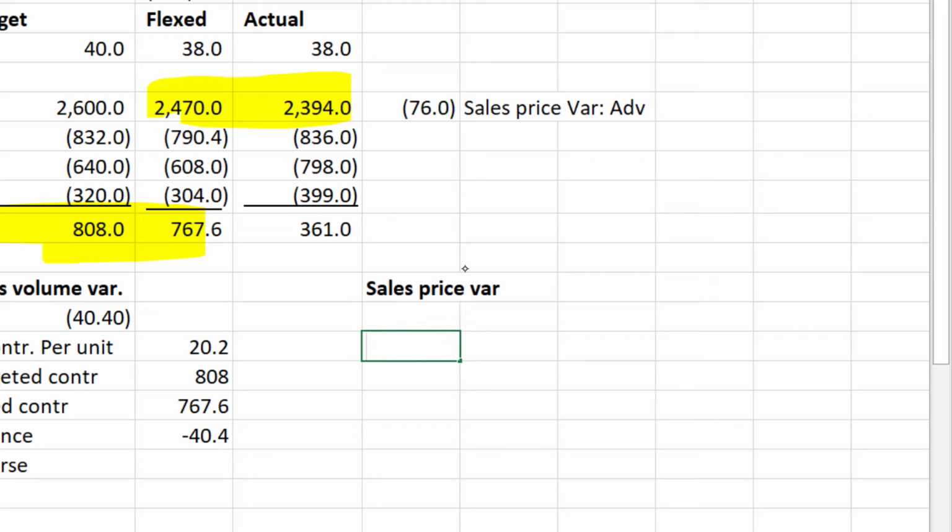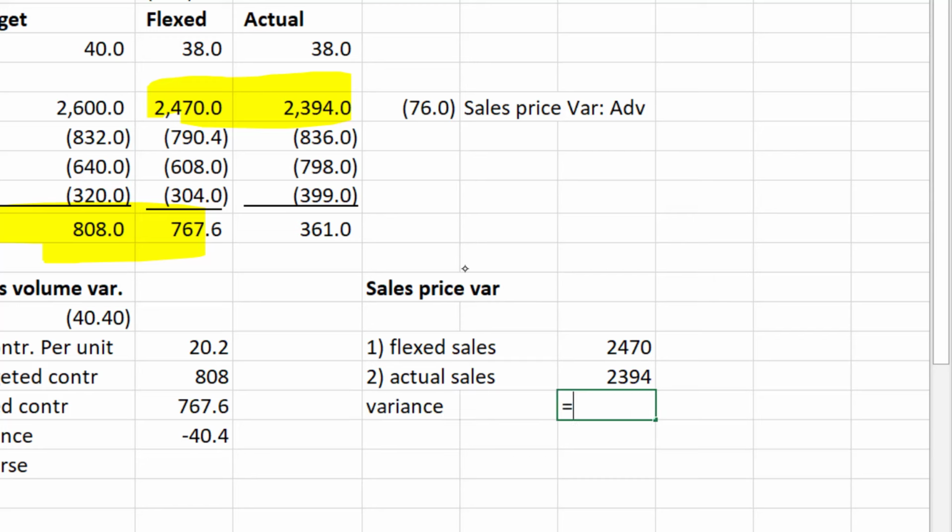So I'll need the flexed sales, and that would simply be equal to 38 multiplied by 65. And if we compare that to the actual sales, and often we can just pull that from the question, we see that that's 2,394. And then the variance is simply the difference between those.